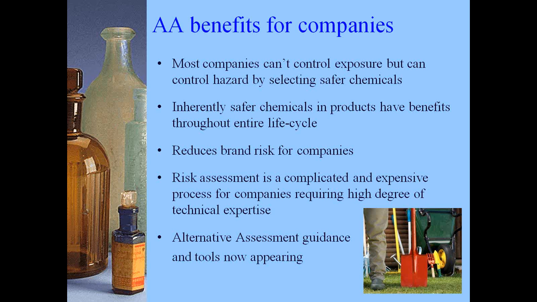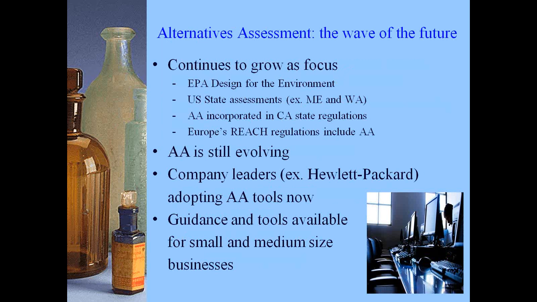Alternative assessment guidance is how we're getting to that, or alternative assessments, in particular chemical hazard assessments, because they provide the scientific basis and the clear separation between favorable and less favorable alternatives that you can make these decisions upon. Alternative assessments, some people have used the term wave of the future.